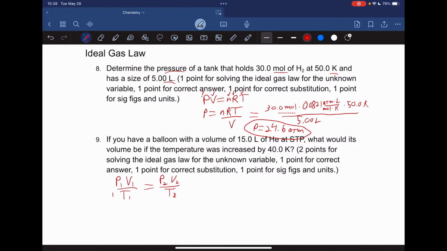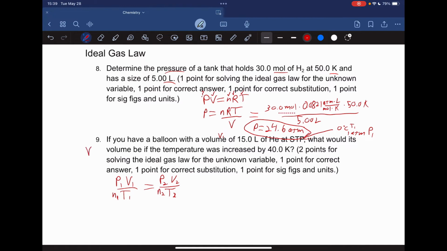If we are changing the amount of moles of gas, we would need an N1 and an N2 underneath.